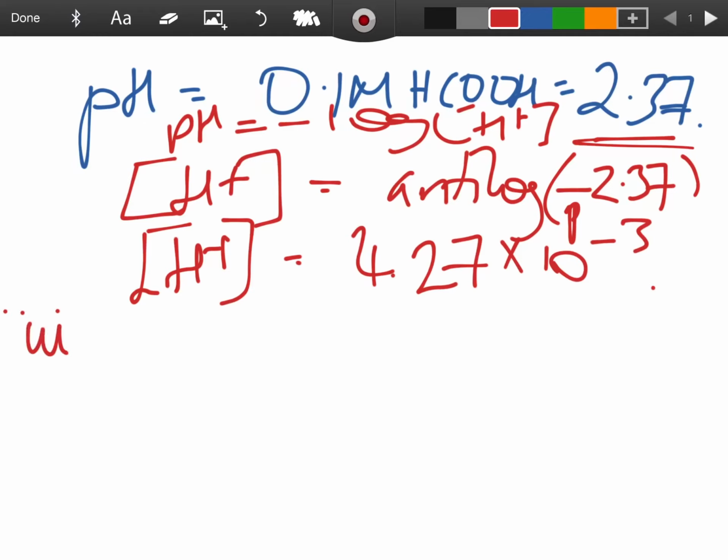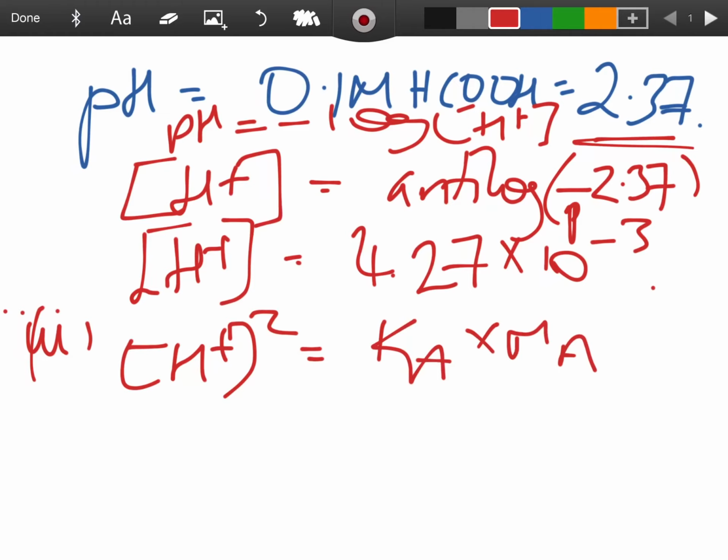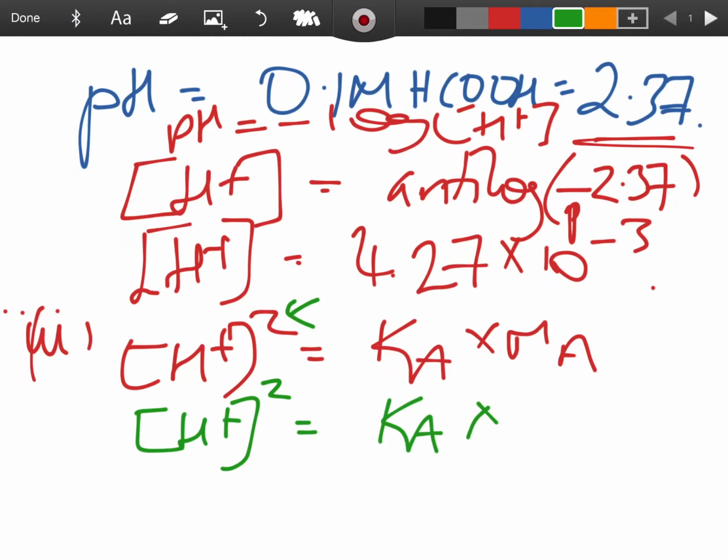And then in the question there for part 3, you're asked to calculate the Ka value. Now, your formula for calculation of weak acids was the hydrogen ion concentration to be squared. When you're looking for the Ka value, keep the squared. It makes it more straightforward if you keep the squared, okay? So then you have hydrogen ion concentration to be squared. You don't know the Ka value, that's what you're asked to calculate. And you do know the Ma of the acid, it's a 0.1 molar. Look, you're given that at the very beginning.